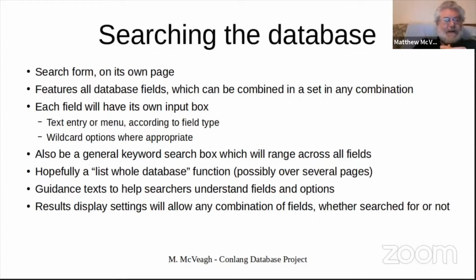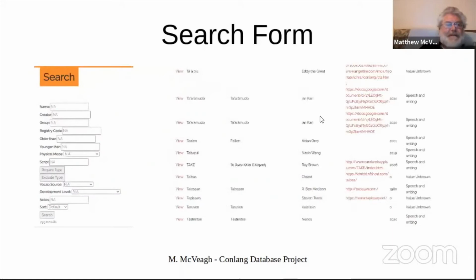So maybe you want to include fields that you're not searching for. You're searching in certain fields, but you also want other ones to be displayed anyway, like maybe the name or the year. So all of that is quite versatile. Here we have another couple of screenshots. On the left, you've got a screenshot. Sorry if this is too small.